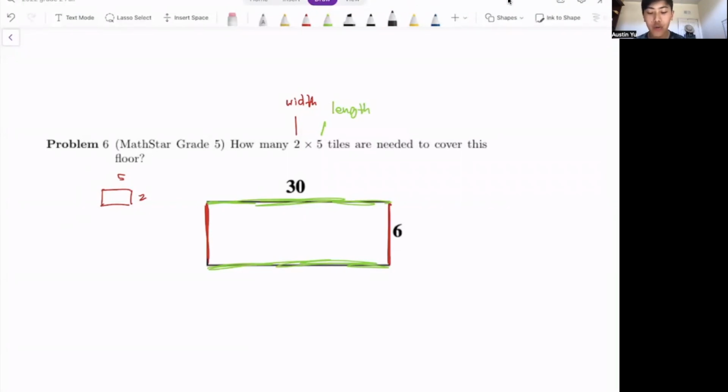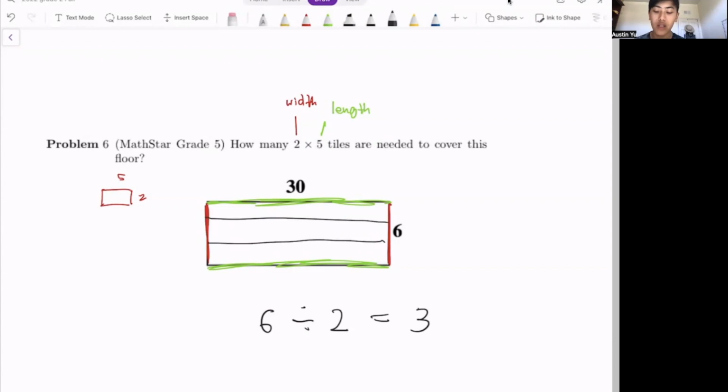First off, because 2 is the width on the smaller rectangle and 6 is the width on the larger rectangle, we can just divide 6 by 2, and this gives us 3. So 3 columns should be at the width. Therefore, we draw 2 lines, so that divides us into 3 horizontal rectangles.